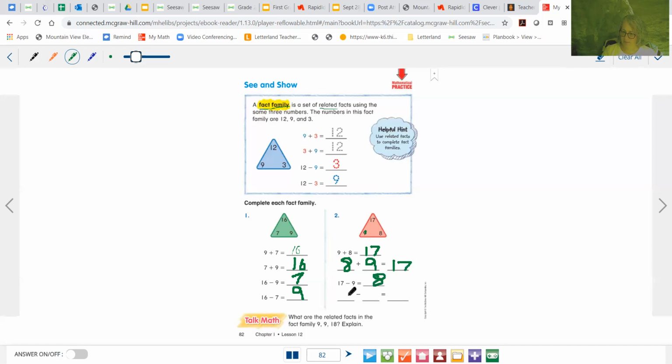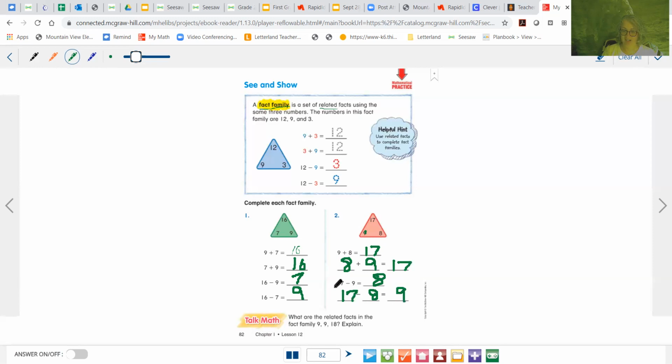And then they've given us just the subtraction blanks. And we know we always begin with which of these three numbers? The largest one. And so 17 is still the largest number. Here we started out with 9. So this time, instead of subtracting 9, we're going to subtract the 8. And the answer is going to be the 9. Okay.